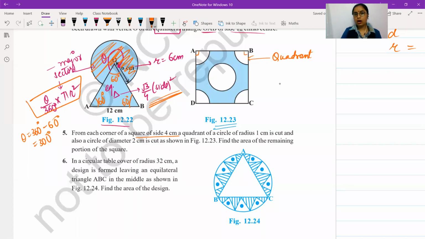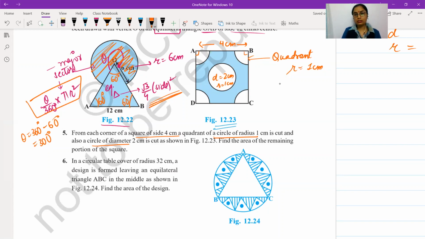These quadrants are actually of a circle with radius 1 centimeter. Side of the square is 4 centimeters. The radius for the quadrant is 1 centimeter. There is a circle in the middle with diameter 2 centimeters. So again, the radius for this will be 1 centimeter. Find the area of the remaining portion of the square.